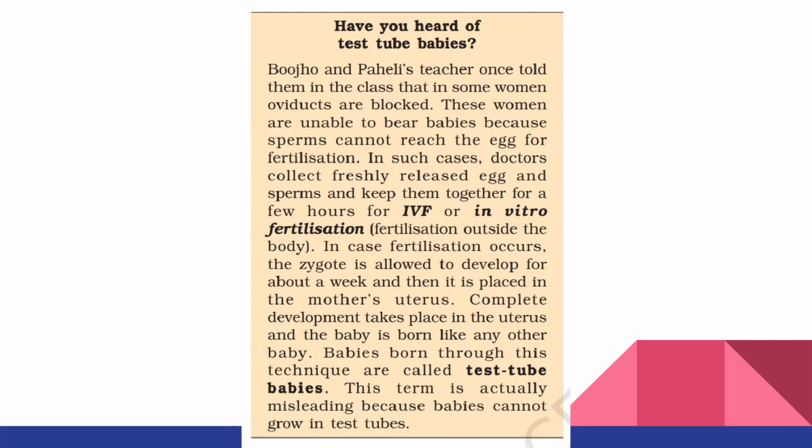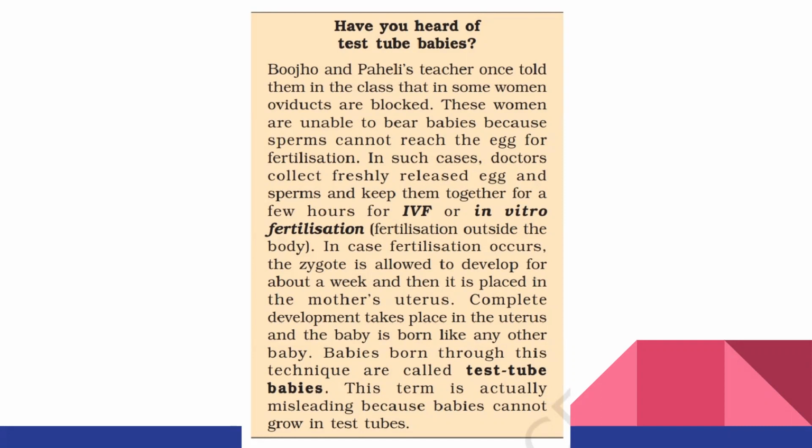In this technique, what is happening? Freshly matured ova collected from a woman's ovary by using a special method and semen from men are kept in an incubator. These sperms fertilize the ova to form an embryo or zygote.